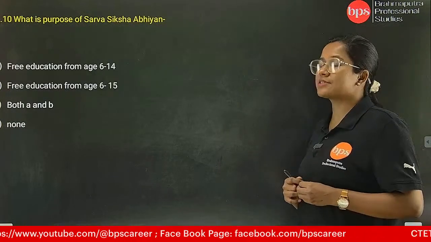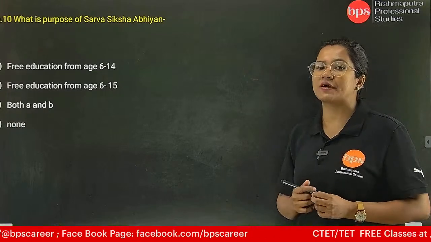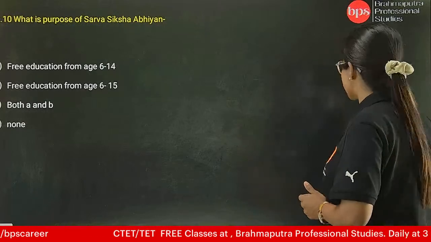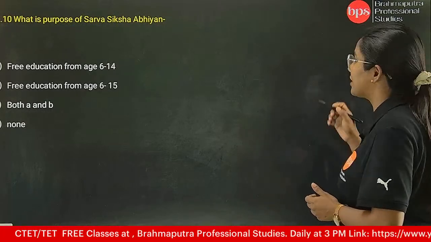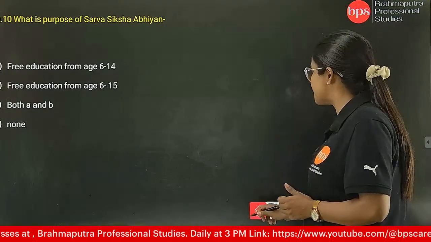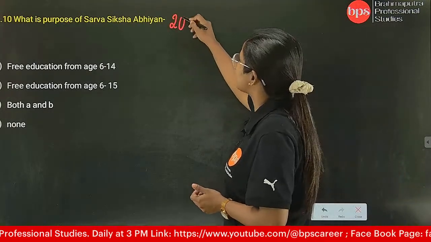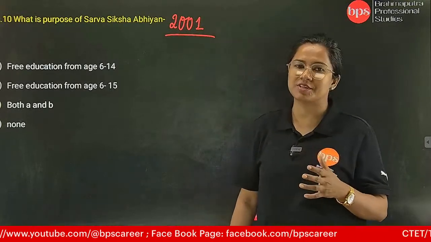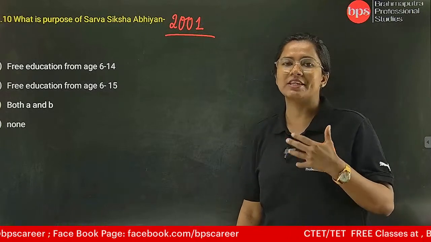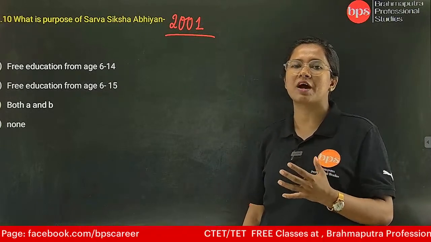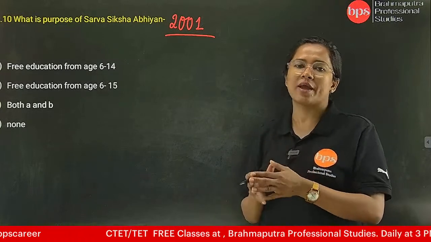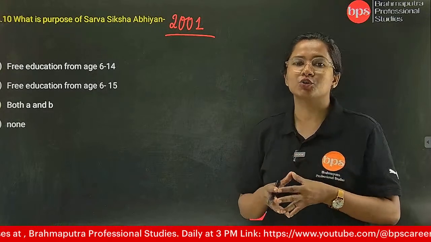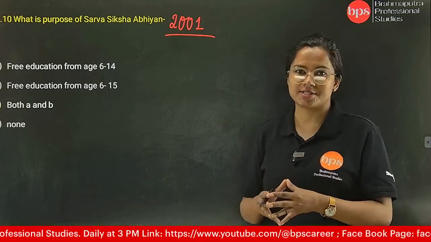So in the last, here we get the concept of again the Sarva Siksha Abhiyan. When it was launched or came into effect, it was in 2001. In each and every state, we need to impart education to the student, where they learn in a progressive manner and learn to cope up with society itself.